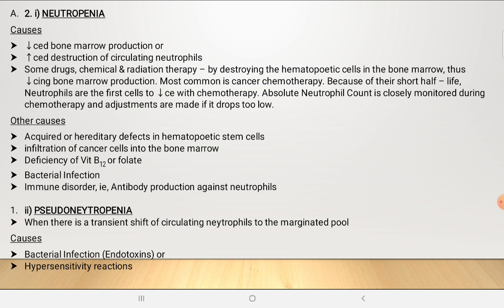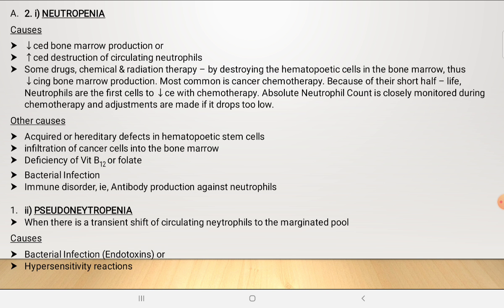Because of the neutrophils' short lifespan, neutrophils are the first cells to decrease with chemotherapy. Your absolute neutrophil count is closely monitored during chemotherapy and adjustments are made if it drops too low.